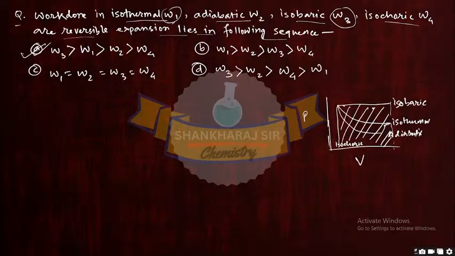Isobaric contains the maximum area under the curve, so obviously isobaric, represented by W3, will have the maximum work done. Next, after isobaric, we consider the isothermal, because isothermal has less area under the curve. Isothermal is represented by W1, so after W3, W1 will come.